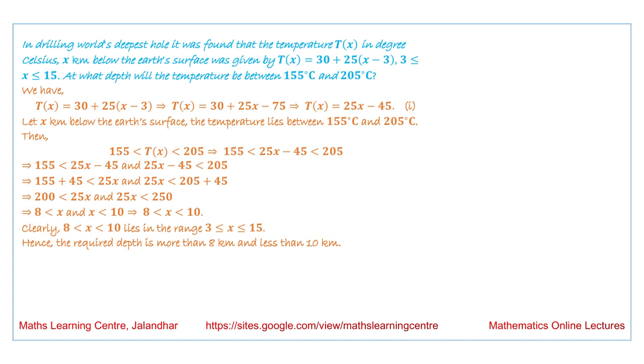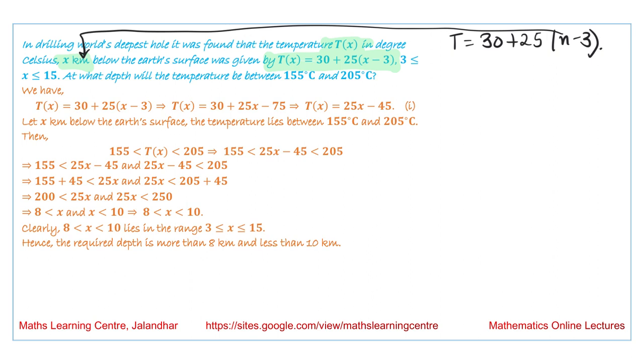Next is, in drilling the world's deepest hole, it was found that the temperature in degree Celsius x kilometer below the earth's surface is given by this formula. It is given by T is equal to 30 plus 25 into x minus 3, where x is the depth we are talking about, and it is given that 3 is less than or equal to x is less than or equal to 15.